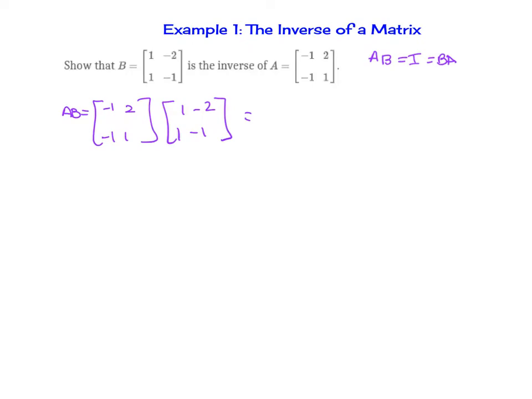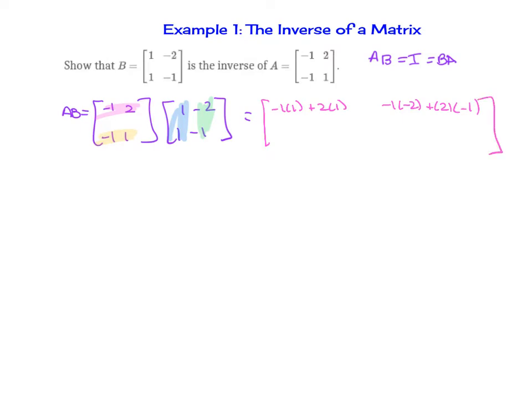Remember that we multiply by row by column. So this becomes negative 1 times 1 plus 2 times 1, and then we have negative 1 times negative 2 plus 2 times negative 1.